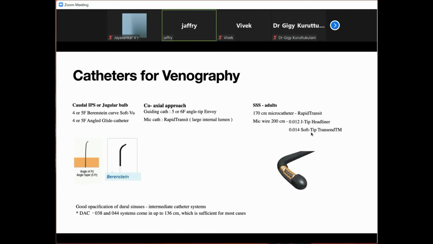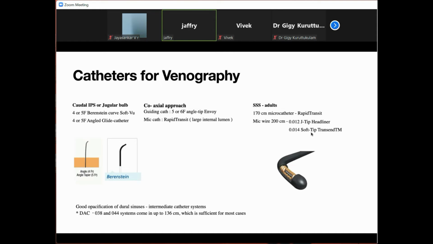And to get adequate, good opacification, the DAC catheters which we usually use in arterial procedures will give adequate opacification when we inject the contrast in the arterial system. So while doing venous procedures, it is always recommended to have an arterial access also, because the venous flow is always towards the heart.